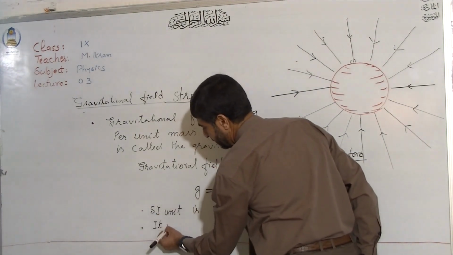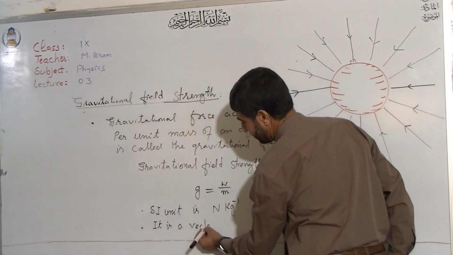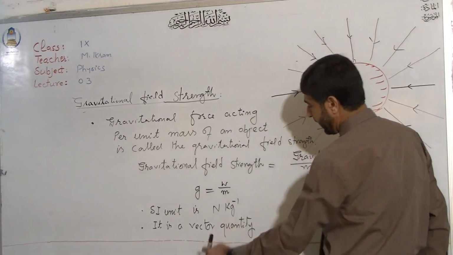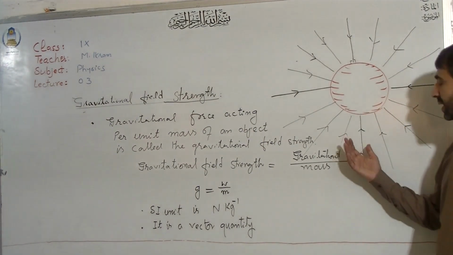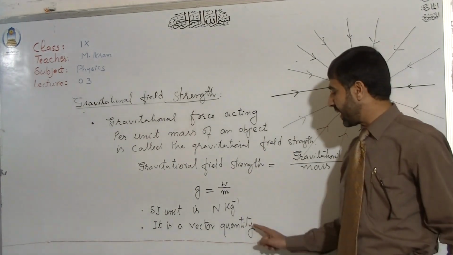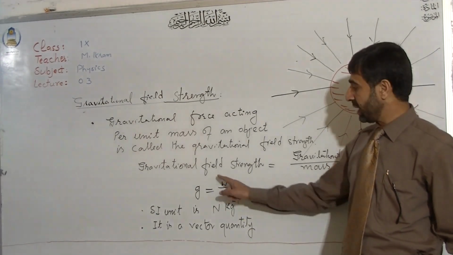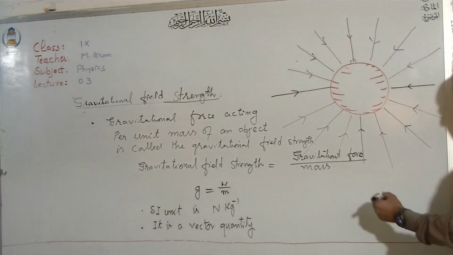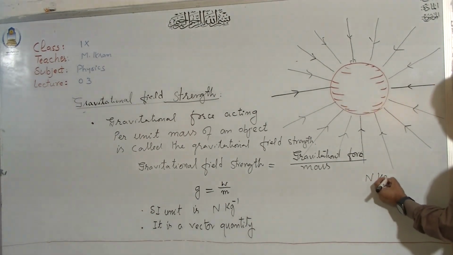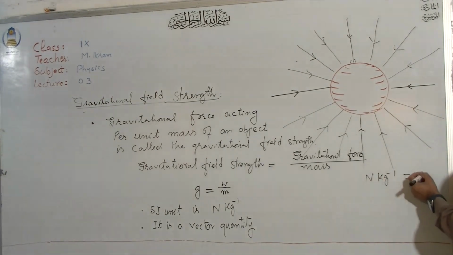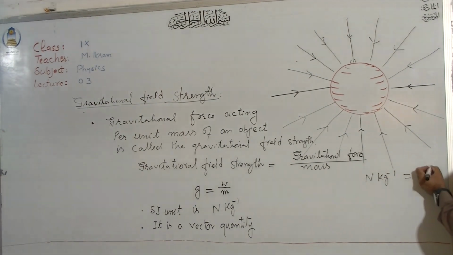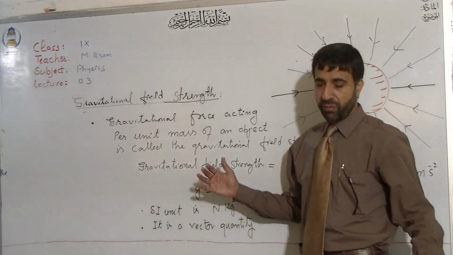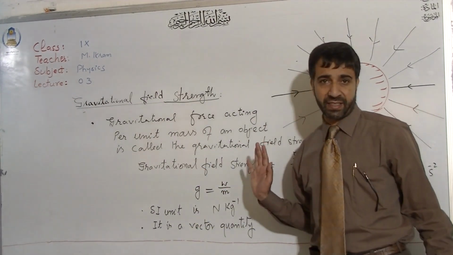So it has a direction, and that direction, if you consider the Earth, is always directed towards the center of the Earth. Remember class, as far as your exam is concerned, this Newton per kilogram is exactly the same as meter per second square. So this gravitational field strength is just the gravitational acceleration.